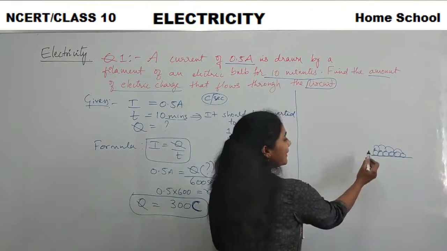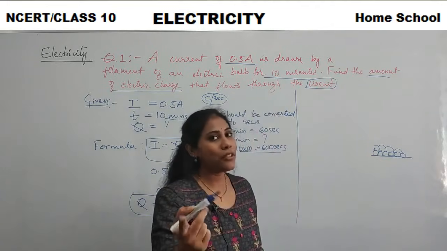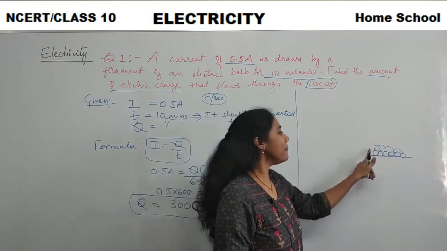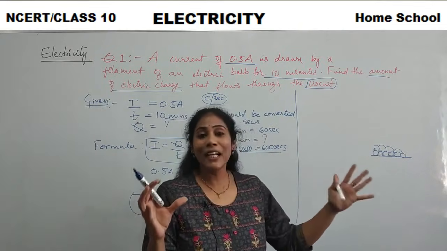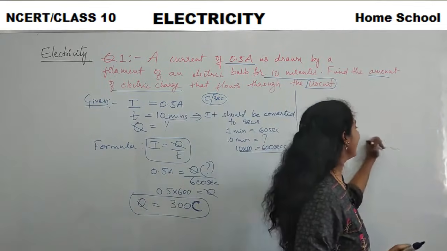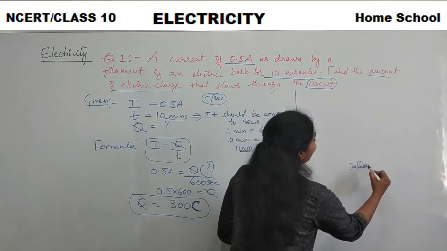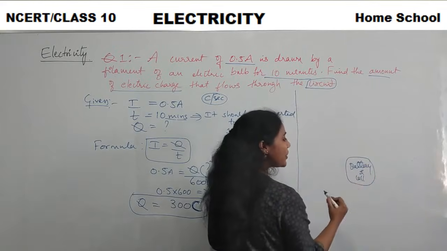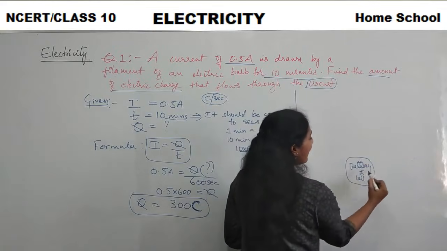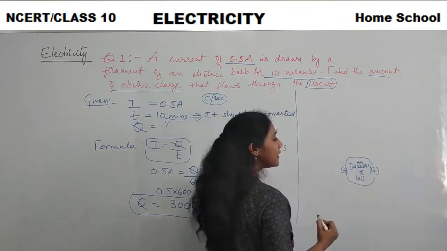But these electrons simply will not come outside. I told you, you have to apply some force or energy, right? So you want the help of some energy. So what we will do, we will take a battery or a cell. This will give us energy. A battery will have a negative terminal and a positive terminal, right?